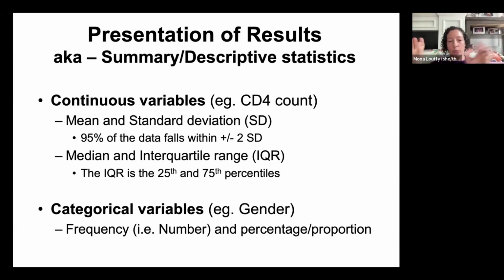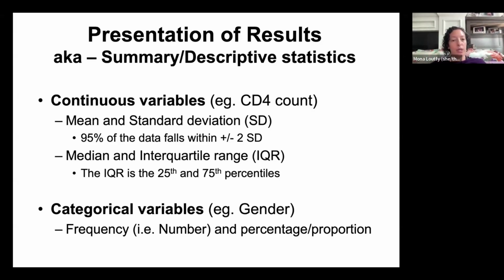Sometimes we'll report both. You'll see that. And sometimes it's nice to report both because if the median is very close to the mean, then it signifies that there's no skewness in the data, that it's probably normally distributed.